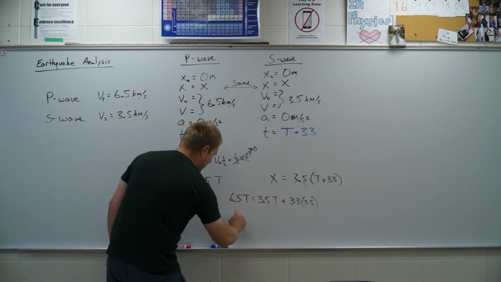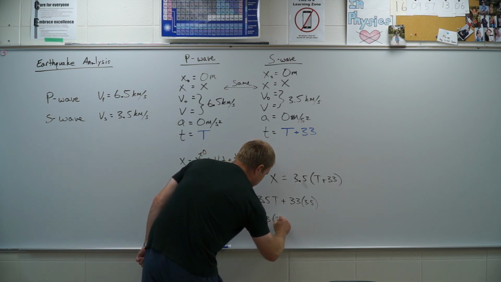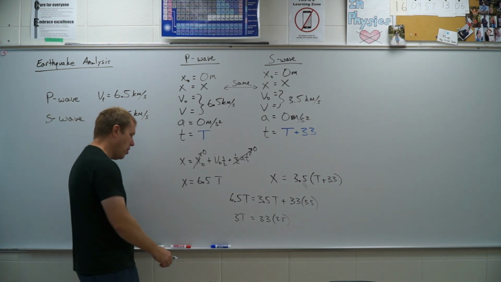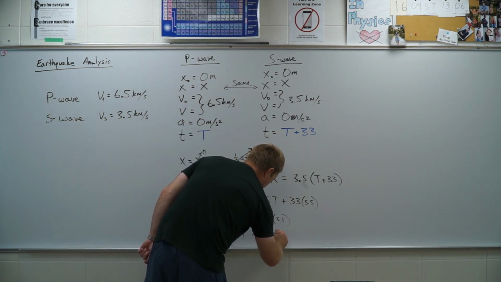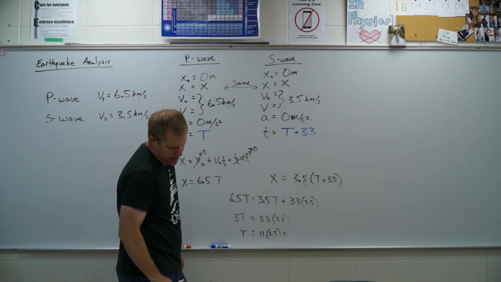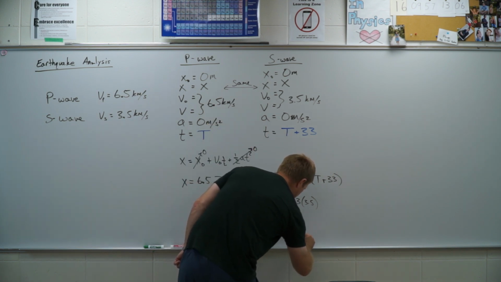Subtract that over, so I get 3t is equal to 33 times 3.5. Divide my 3 over, and so I get a time of whatever 11 times 3.5 is. And so my time comes out to be, what was it, 38 something? 38.5 seconds.